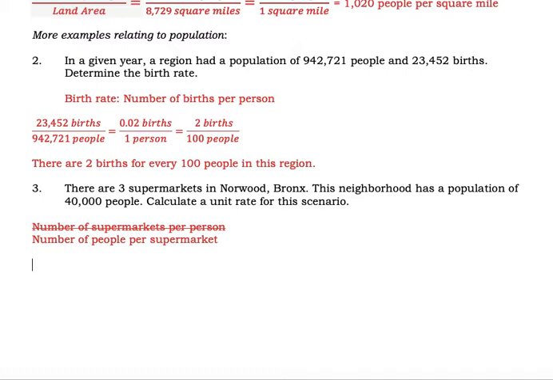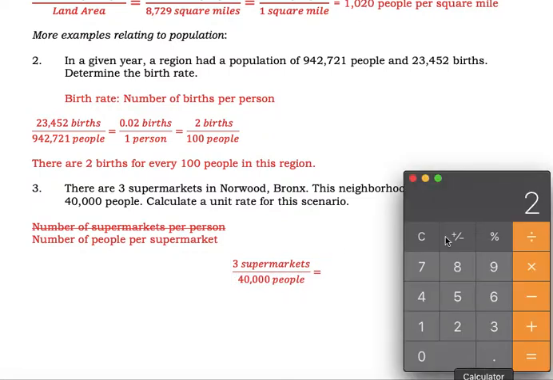So let's say I were to do the division. There are 3 supermarkets for 40,000 people. Let's say I divided it this way.